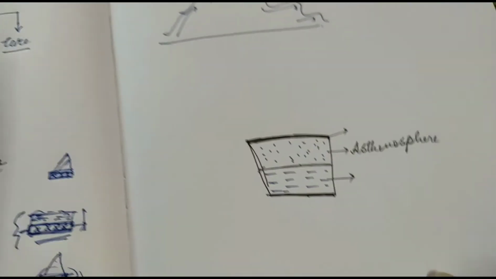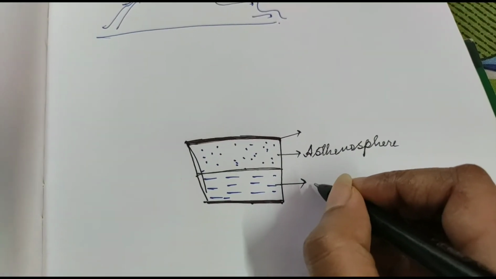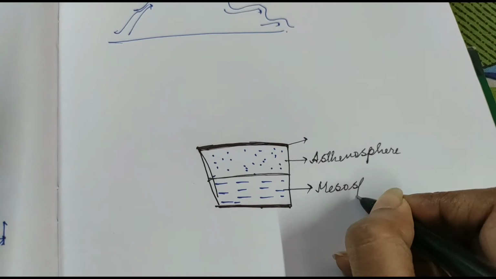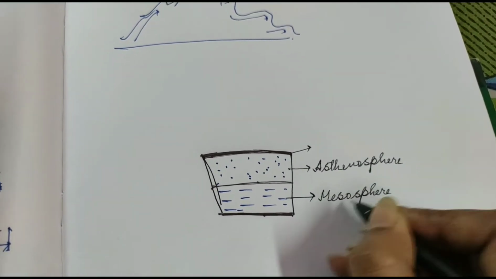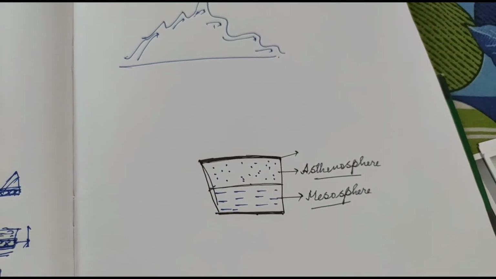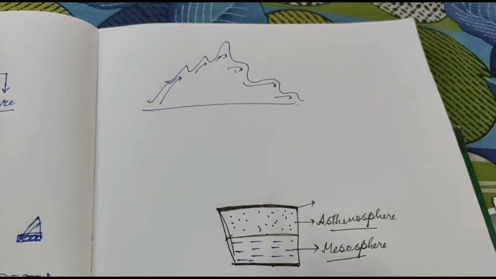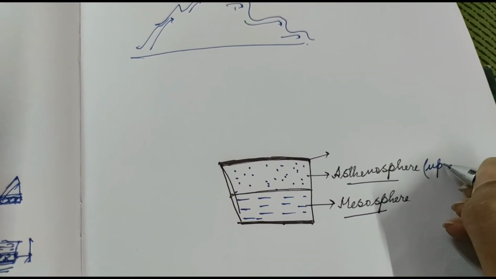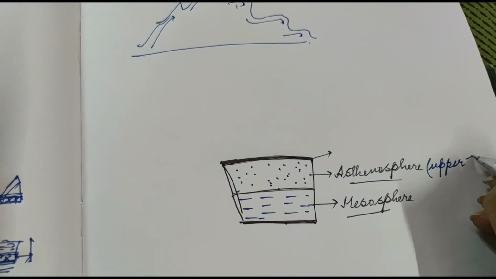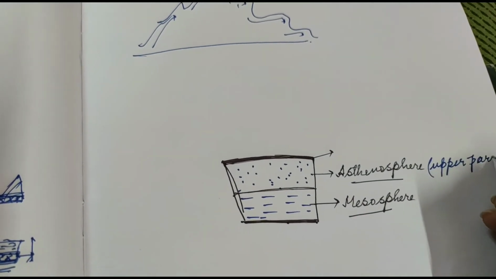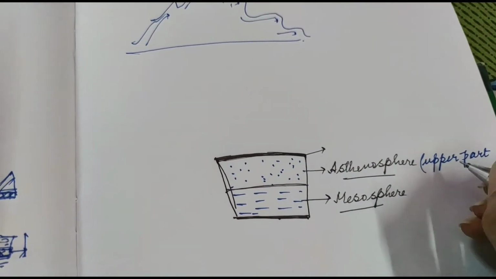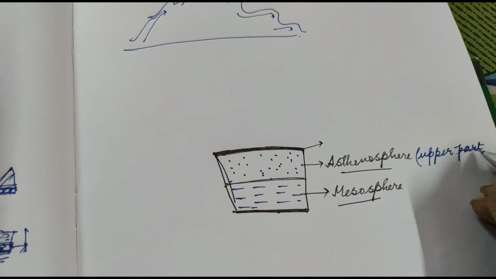And this is the mesosphere. These are the two parts. The upper part of the mantle is called the asthenosphere, and the lower part is the mesosphere.